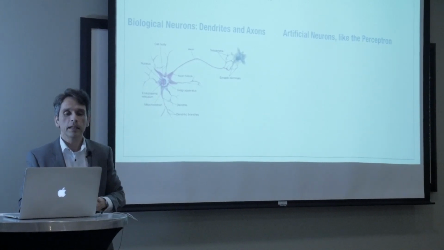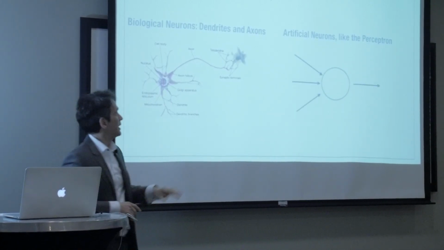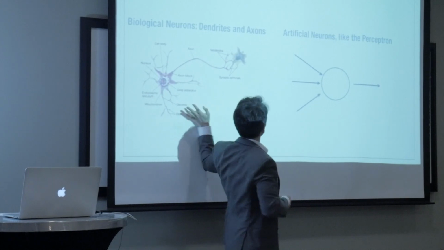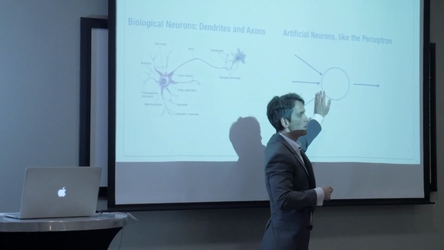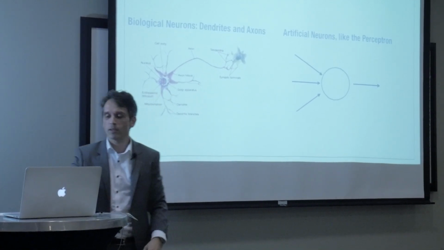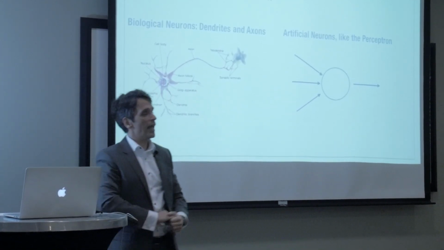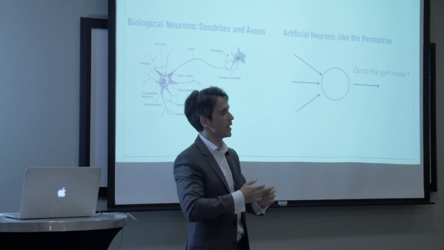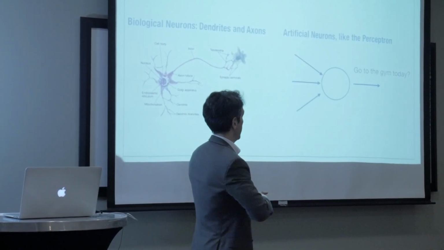Artificial neurons look a little simpler, but they also get some input signals and they have output signals. It's very abstract. What does that really mean? Let's say we have a neuron that decides whether I go to the gym today.